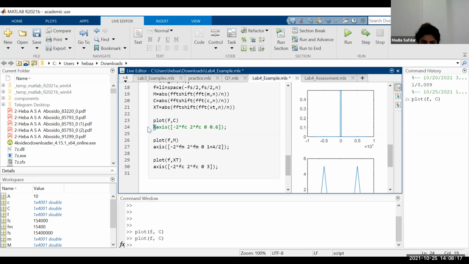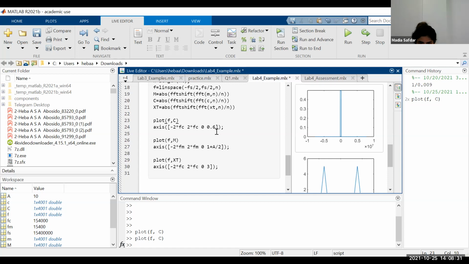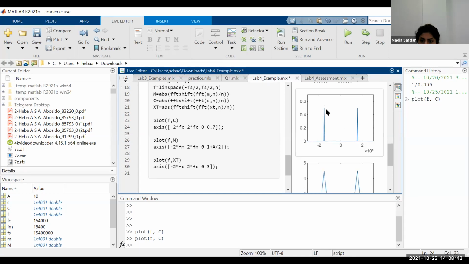From where do I bring the numbers 0.6? From here, from the figure. So you see, this is 0.4 here, right? And then your amplitude is going above 0.4. So, okay, let's see. I can choose 0.7. Now my amplitude will be clear. It's not necessary, but now this is.